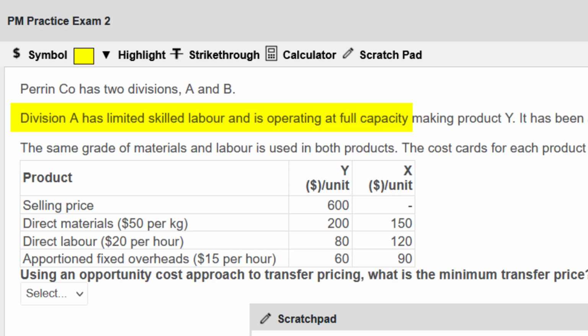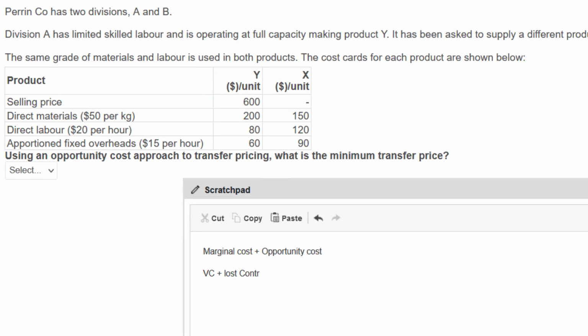So if we stop making Ys and we make Xs, the opportunity cost is the contribution per hour that we're giving up from making the Ys. So reading that first sentence, now I've got to make a slight adjustment to my formula, and that'll be lost contribution per hour that we're away from making Ys. And we can now do the math.